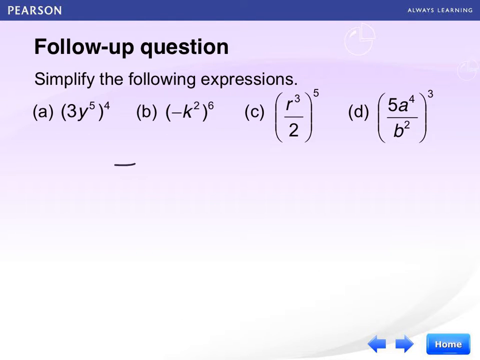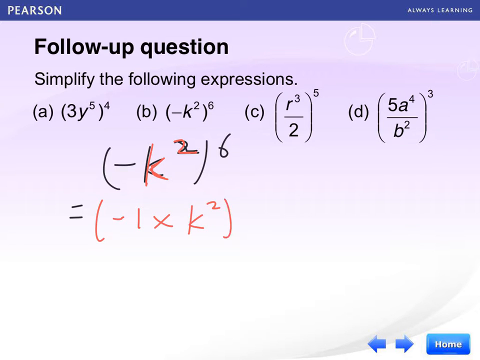And next one, (minus k squared) to the power 6. For this one, be careful that the square controls the k only, but this square is not related to the minus sign. Be careful. So in this case, when you break it down, it is minus 1 times k squared, and the power 6. So the minus you can think of as a minus 1. So there are two factors, and overall they take the power 6.